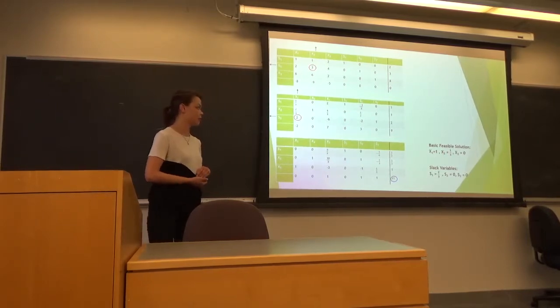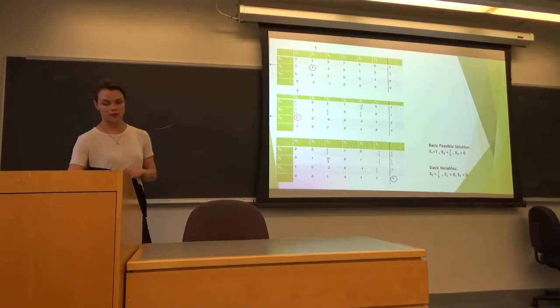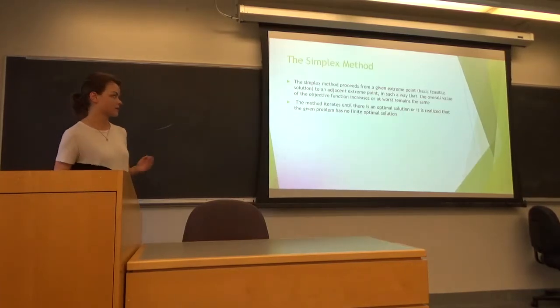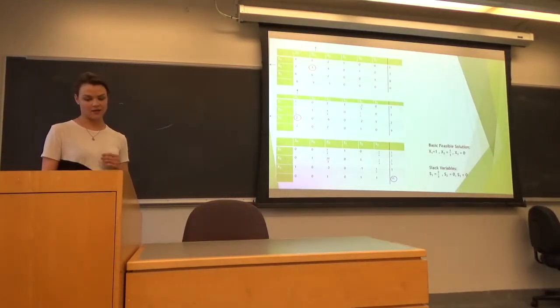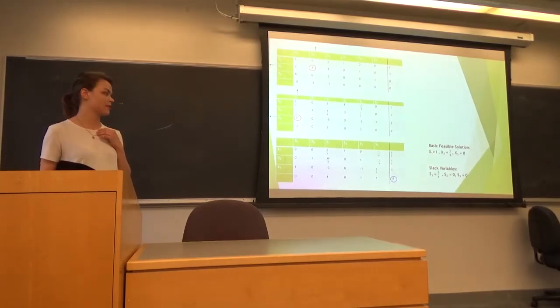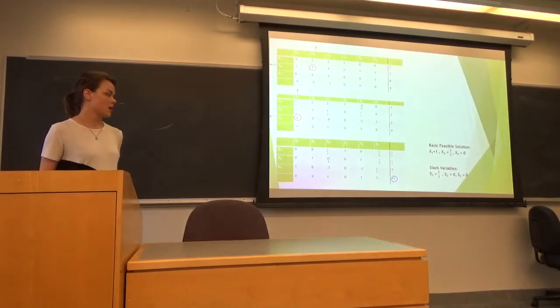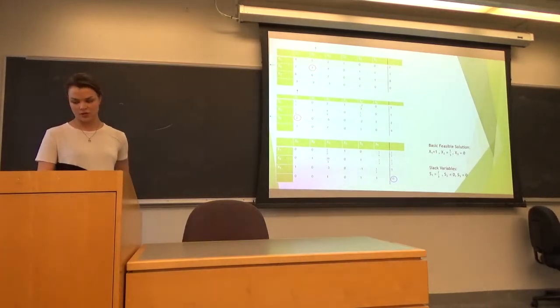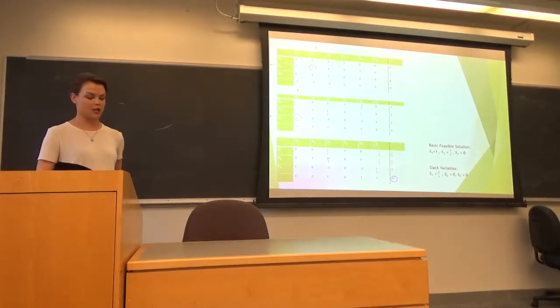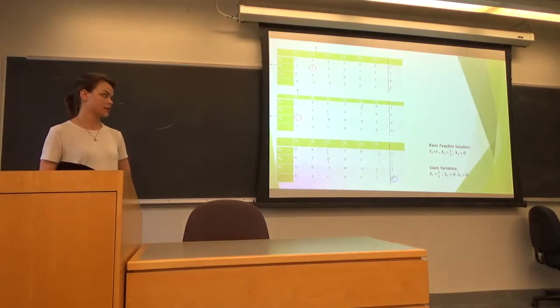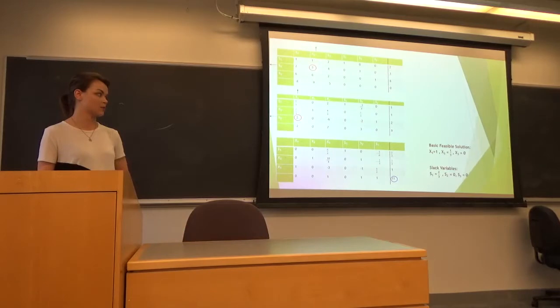And so again, we would multiply this row to make the 2 a 1, and then add multiples of that new row to the other rows, including the objective row. We stop once we check the objective row and see that there are no negative values in there, so we know that we've reached an optimal solution, and here the optimal solution is 11.